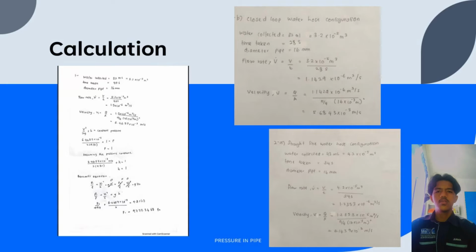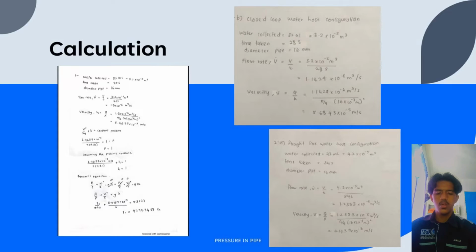So to measure the height of the achievable water jet, we use the formula velocity squared over rho g plus h equal to pressure. We can just use any number to get the pressure. So my team just assumes that the height is 1 meter.